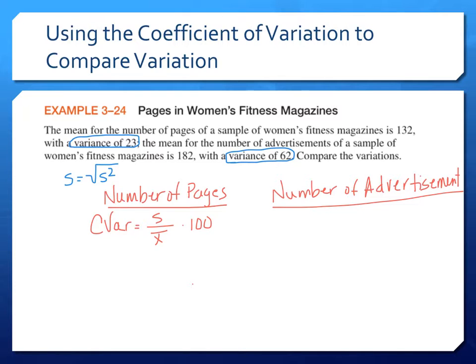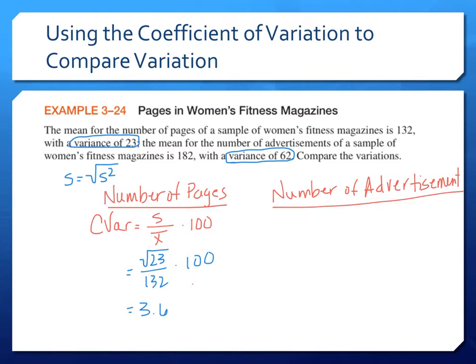So, in our example, we don't have the standard deviation, we have the variance. So our standard deviation is the square root of 23 divided by 132 times 100. This equals 3.6.